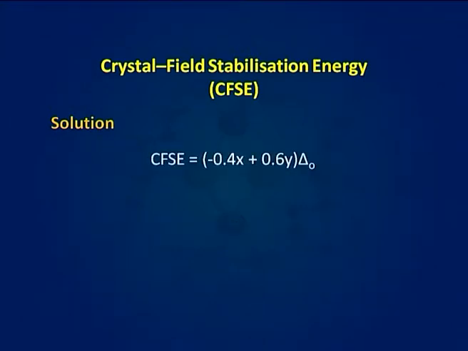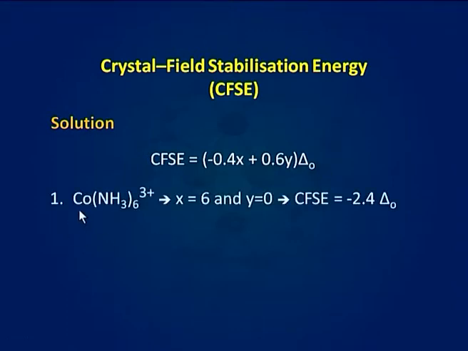As you know that CFSE is equal to (-0.4x + 0.6y) multiplied by delta O. For [Co(NH3)6]3+, x is equal to 6 and y is equal to 0.